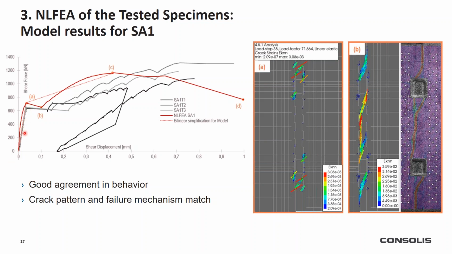We can capture the initial stiff behavior, and we can capture the slip that occurs at the cracking moment. And we can see that the crack pattern is quite similar with the real one. These are observations using digital image correlation.